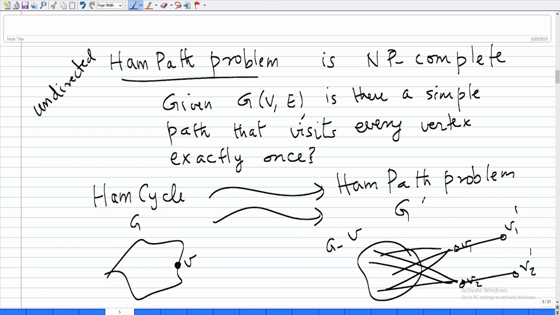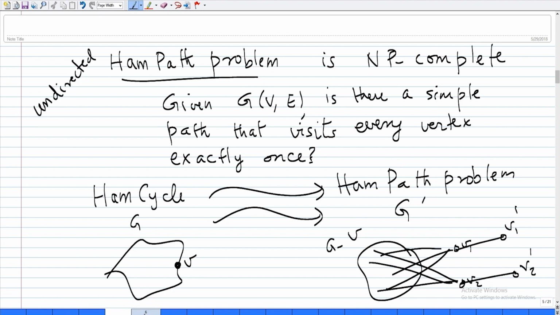Now my claim is, what do I have to show? If G has a Hamiltonian cycle, G prime will have a Hamiltonian path, and if G prime has a Hamiltonian path, G will have a Hamiltonian cycle. He has already seen the proof now, right? He is nodding. He sees the proof. Good.